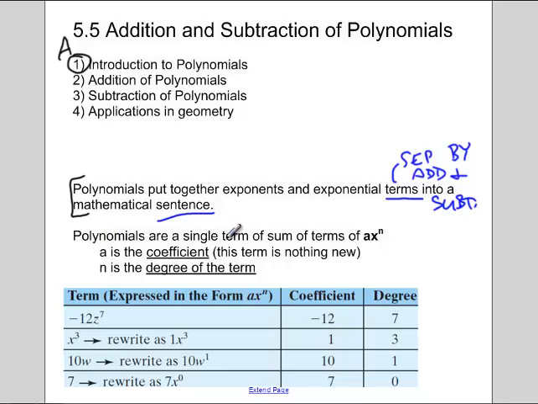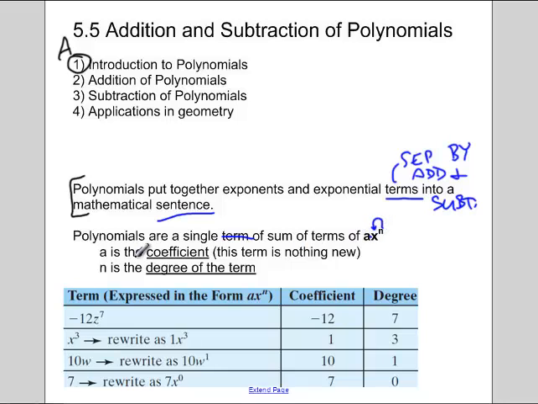So a polynomial is a single sentence, a sum of terms of the form a times x to the nth power. There's a multiplication in here that's not explicitly stated, but we know that it's multiplication. Remember, n works on just the x, because x is the base. n is the power, the exponent.